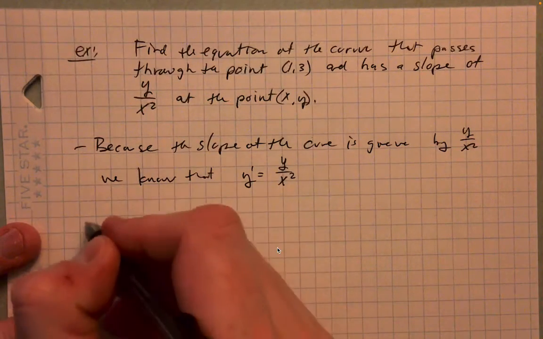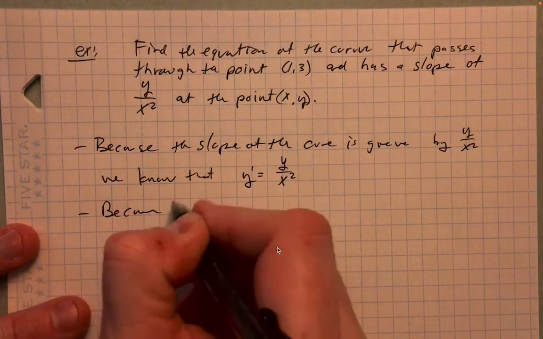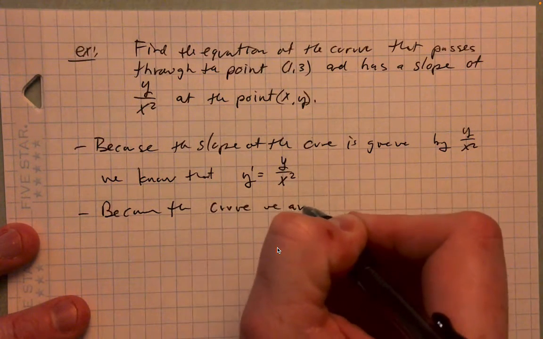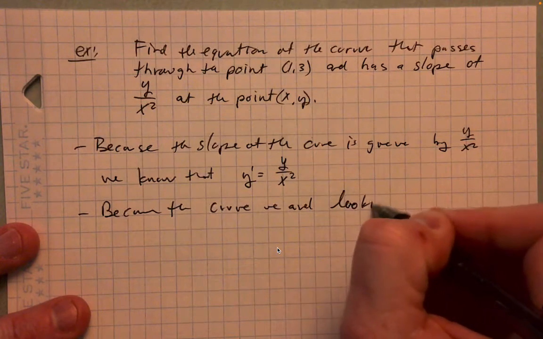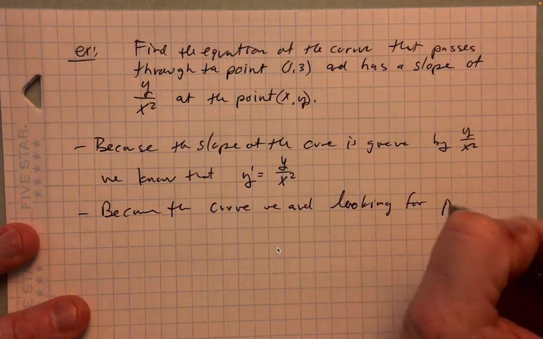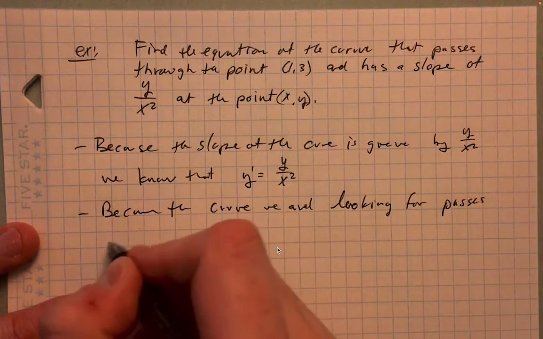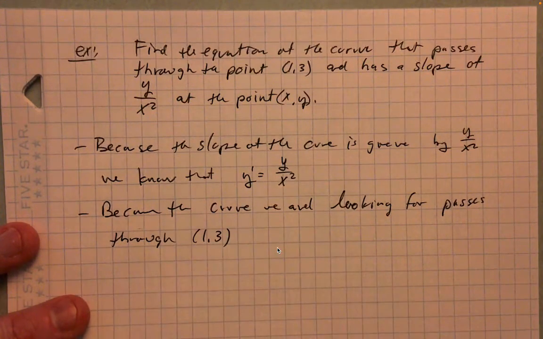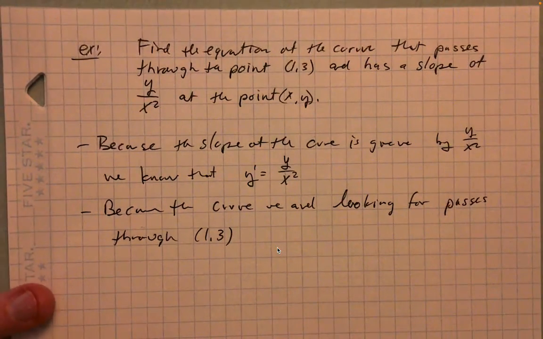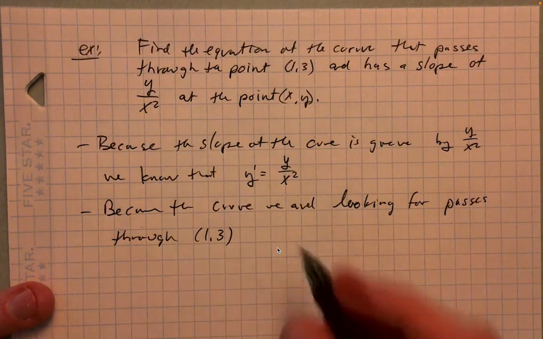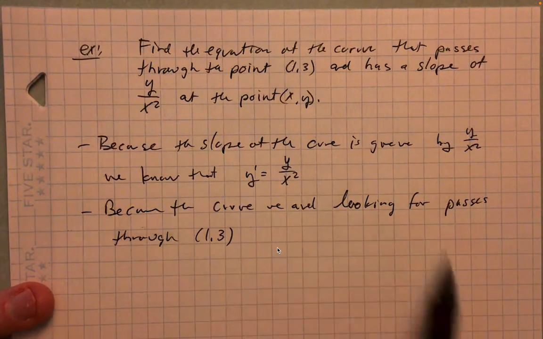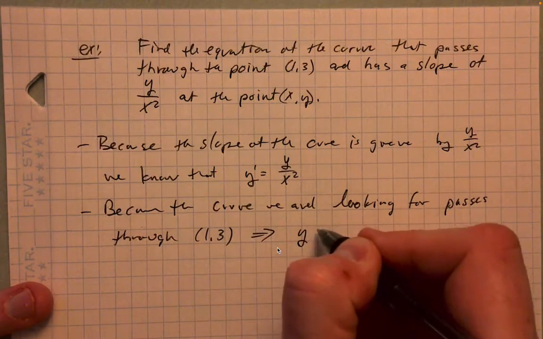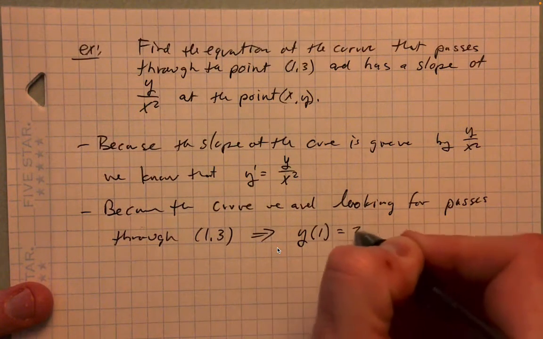Because the curve we are looking for passes through 1, 3, that's an initial condition. We know that y of 1 is equal to 3.